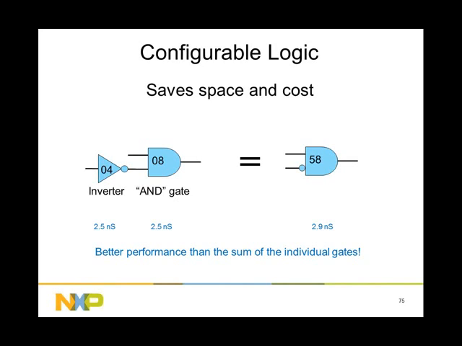And the reason for this is that on the 04 function on the left, we don't need to include the higher drive capability, nor do we need to include the ESD protection on the input to the 08 that is connected directly to the inverter. So this is how we improve the dynamic performance of the configurable logic device.